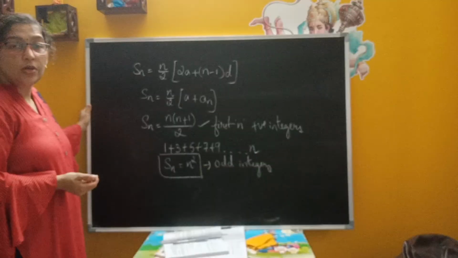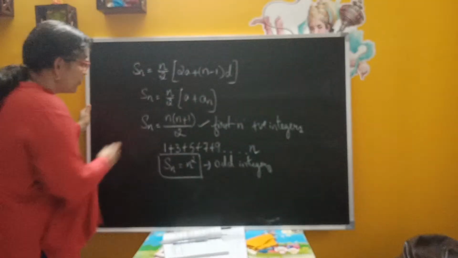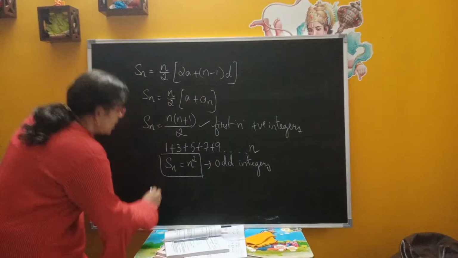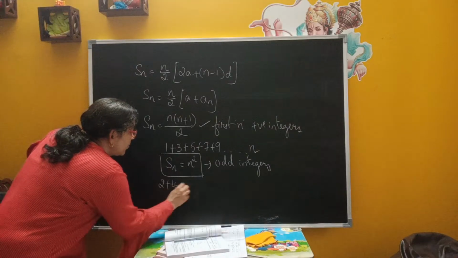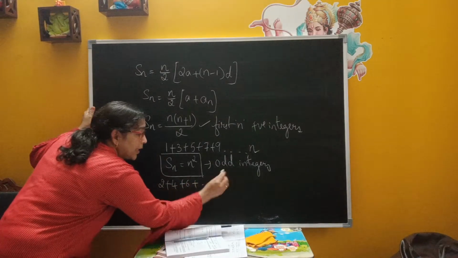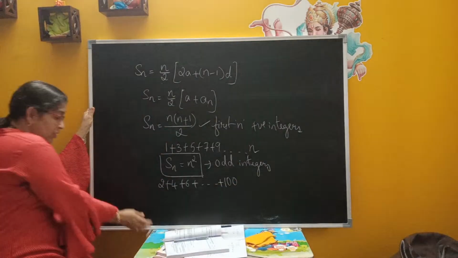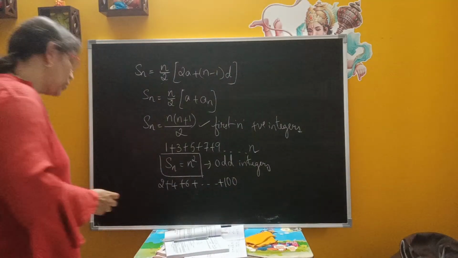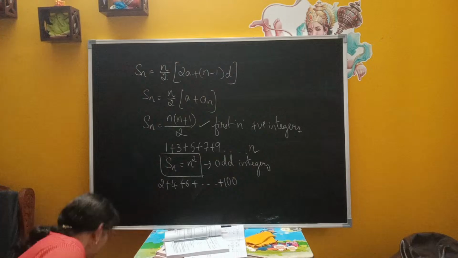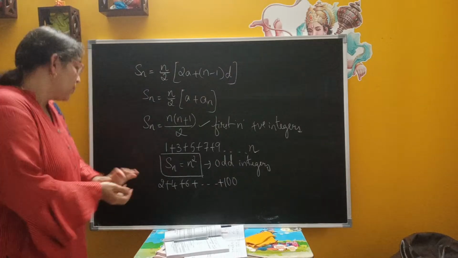Similarly, we can use it for even numbers also. For example, you have to find the sum of 2 plus 4 plus 6 plus 8 till 100. So how many even numbers do you get from 1 to 100? We have 50 even numbers and 50 odd numbers.